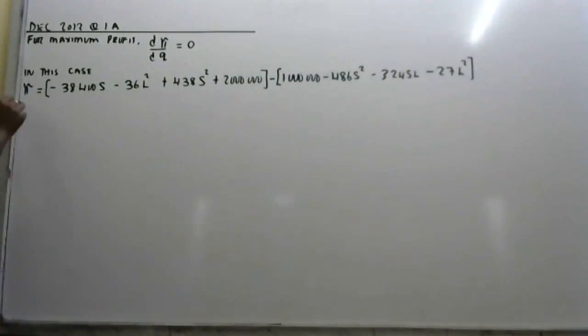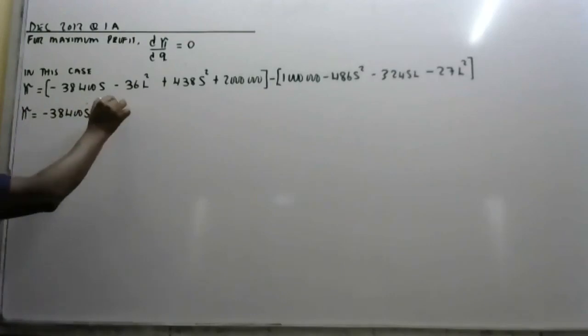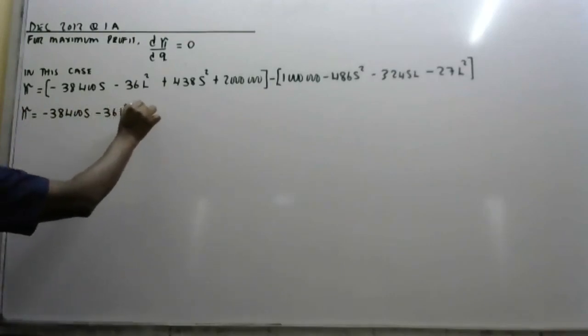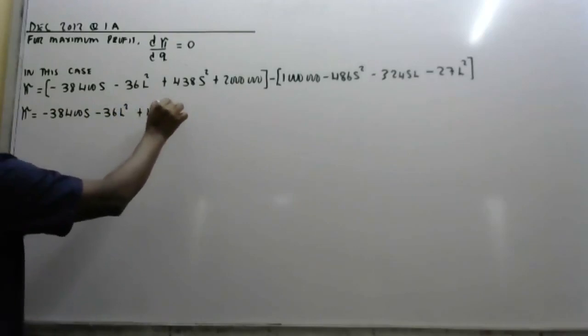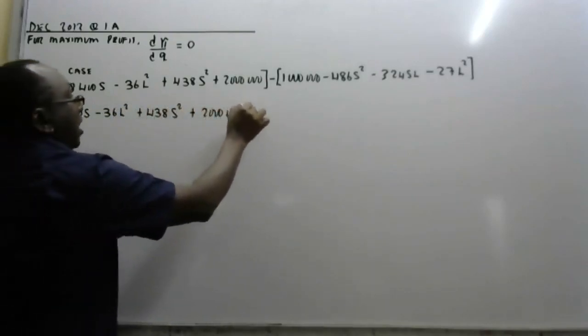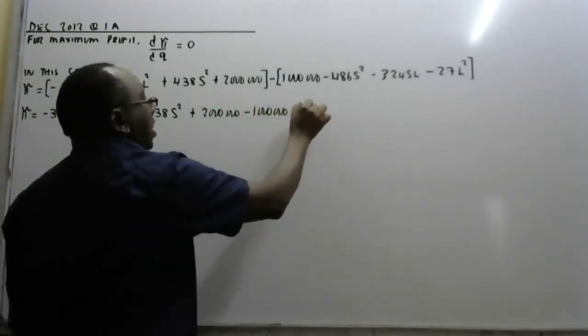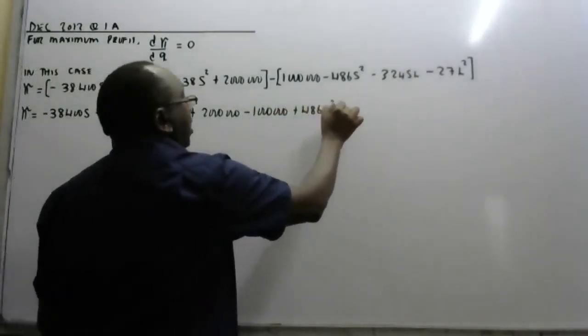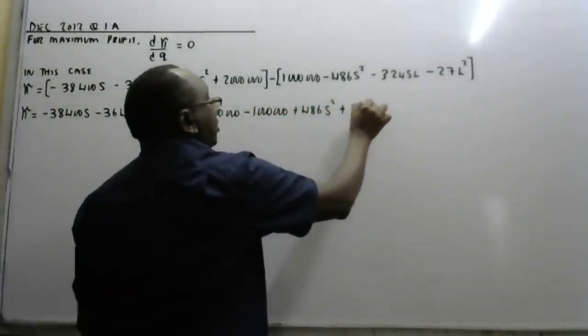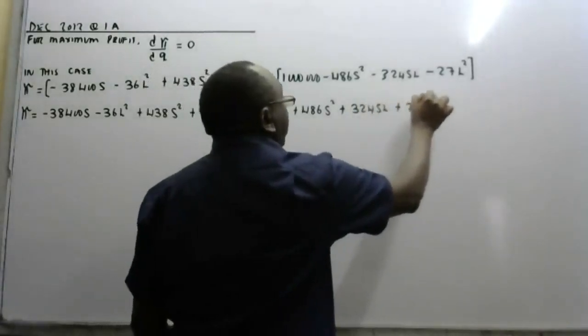So you now open the brackets and say pi is equal to minus 38,400S minus 36L squared plus 438S squared plus 2 million minus 1 million plus 486S squared plus 324SL plus 27L squared.